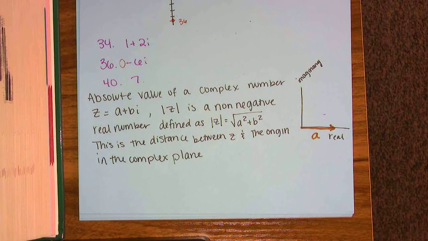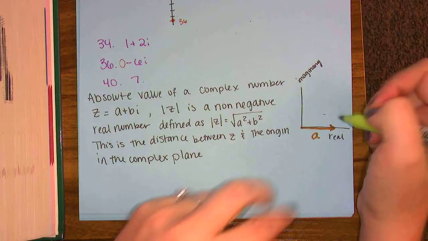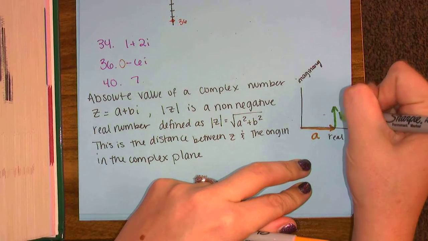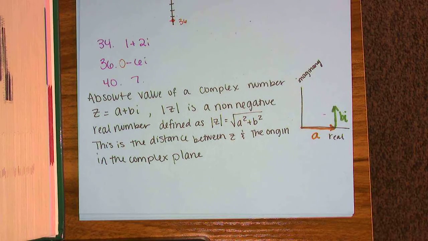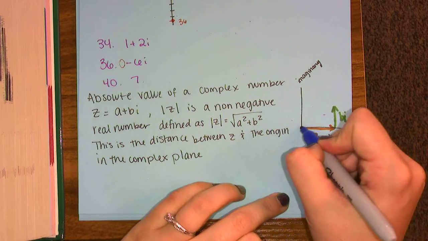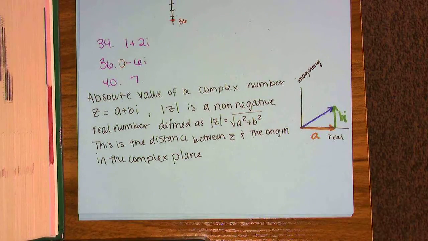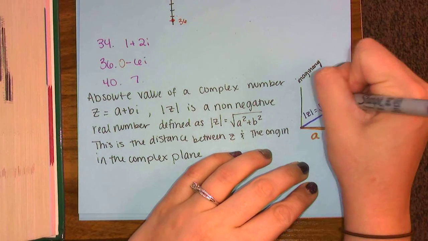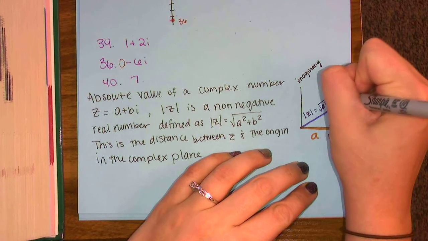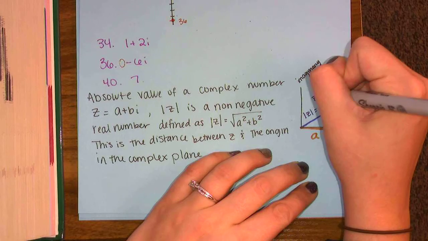My imaginary term, bi, is here. Then I'm going to draw the line with the big Sharpie, and then I'll write it in the little one. So this is what we're finding here. This is the absolute value that's in blue. That's the absolute value of z is equal to the square root of a squared plus b squared. So z is equal to a plus bi.